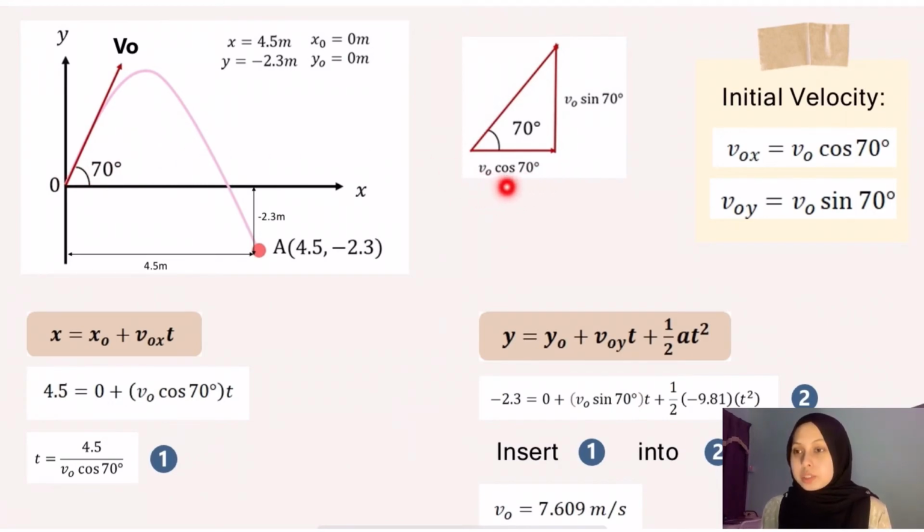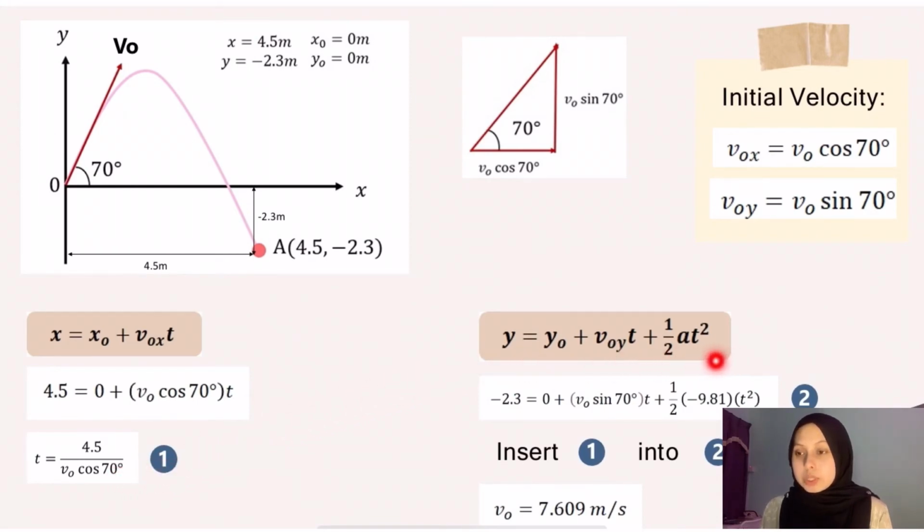Here we can resolve the initial velocity into the x-axis and y-axis, resulting in v0x equal to v0 cos 70 degree and v0y equal to v0 sin 70 degree. By using this equation and inserting all the values, we will get the first equation where t equals 4.5 over v0 cos 70 degree.